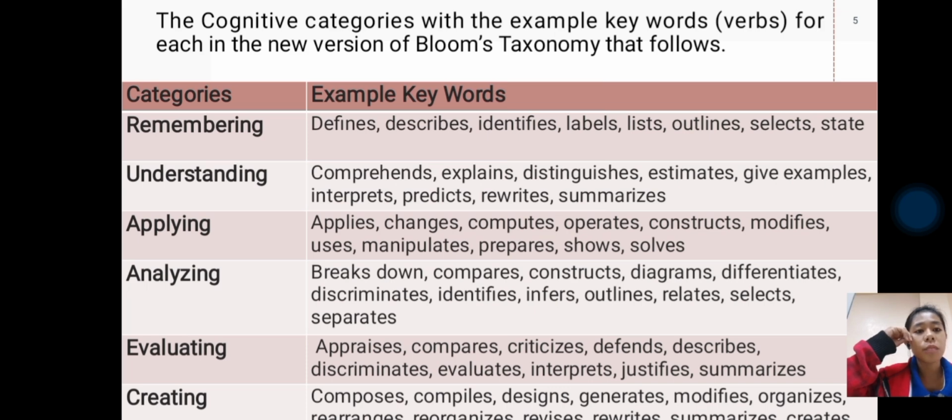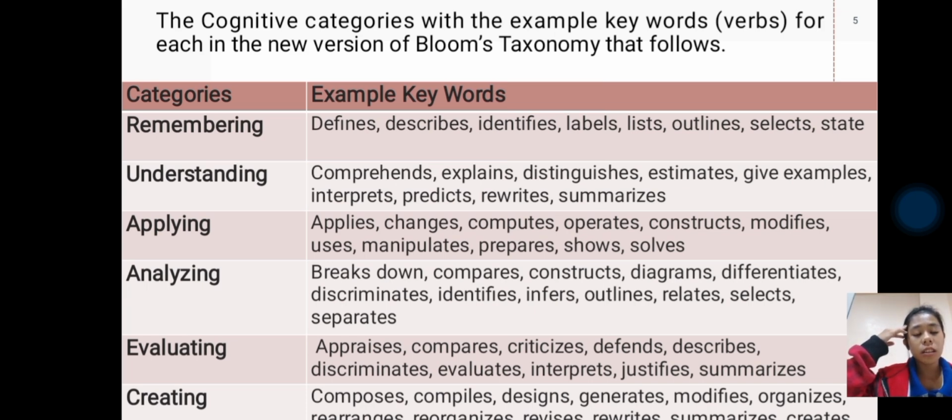There are example keywords as you can see in the PowerPoint. When we say remembering, this is to recall or retrieve previously learned information. For example, in science, there is photosynthesis that will be tackled there. Define the term photosynthesis and list its key steps.